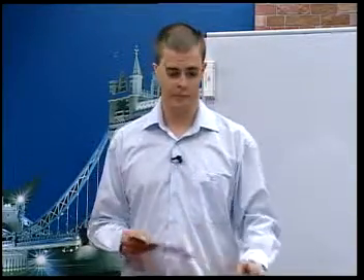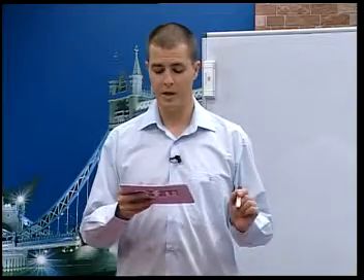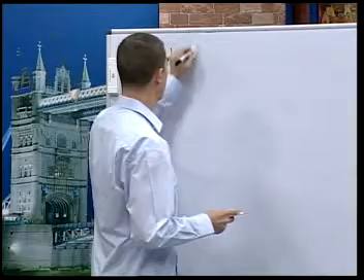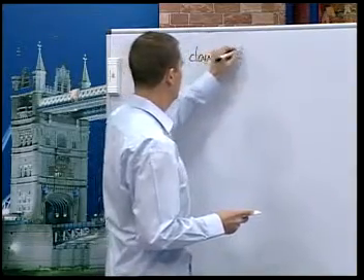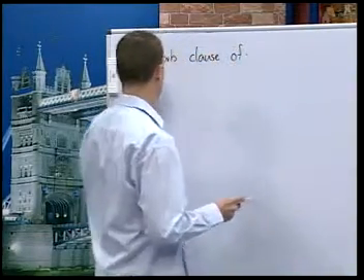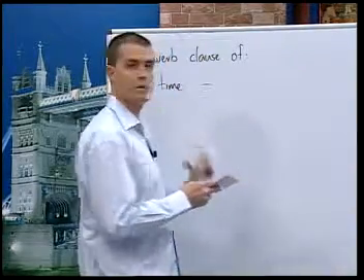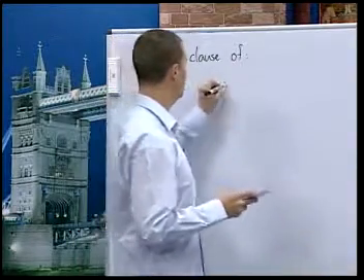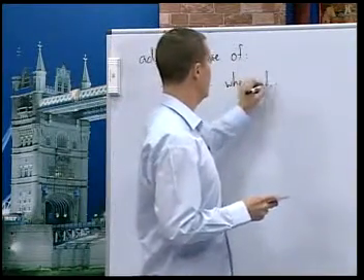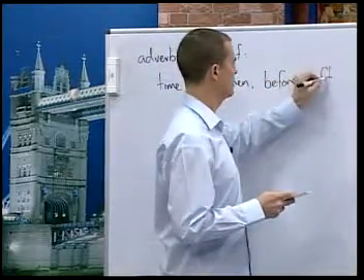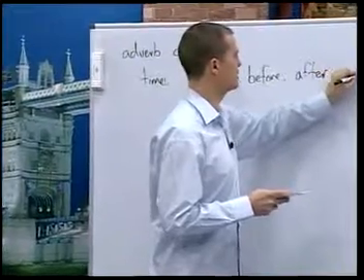And they are introduced by certain words. We learned three types of adverb clauses and the words that introduce these clauses in the last lesson. So we have adverb clauses of time, and these are introduced with words like when and before and after or since.